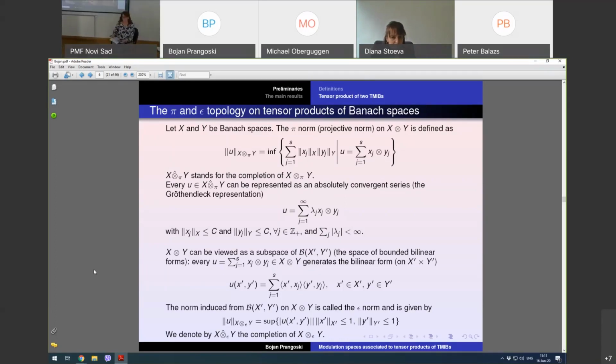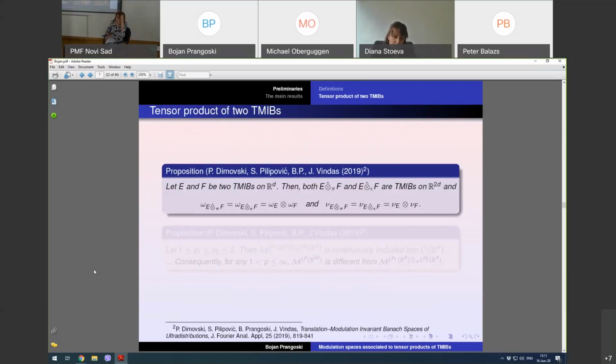So the first important result is that if E and F are both translation-modulation invariant spaces on R^d, then their completed pi product and their completed epsilon product are again translation-modulation invariant, but now on R^2d, of course.